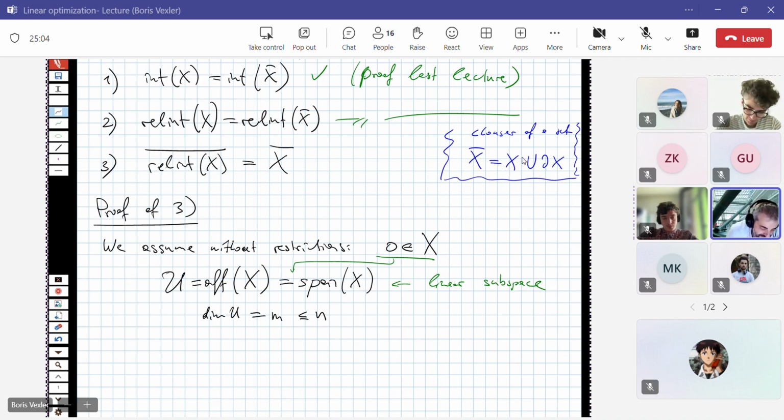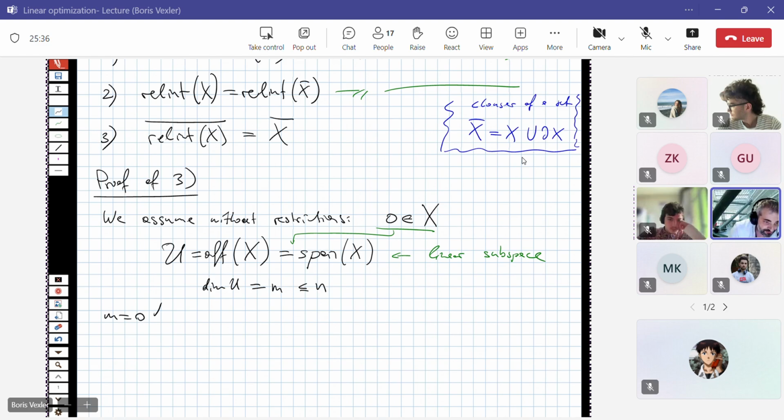The case m equal to 0 is not very interesting, and we can immediately check that all statements hold for m equal to 0, since m equal to 0 means that U consists only of the point 0, therefore also X consists only of the point 0, and then all these things will be just equal to X, nothing to prove.